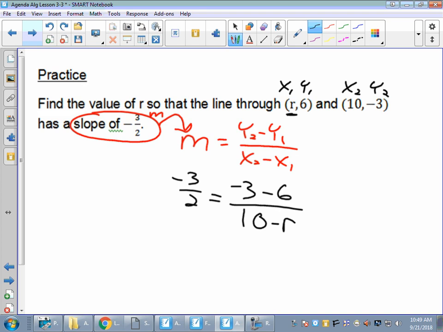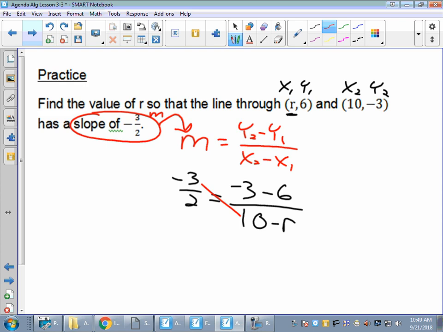All right, so now we solve, and cross-multiplying is probably the easiest here, especially because we've got a nice little fraction. I'm just going to write them out because it makes it a little bit easier. So let's go this way first: -3 times (10 minus r).